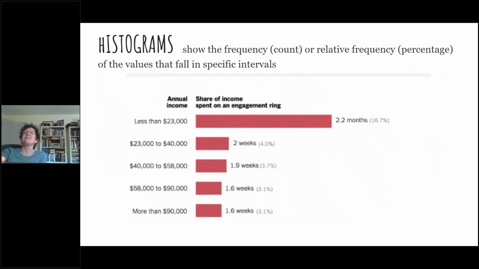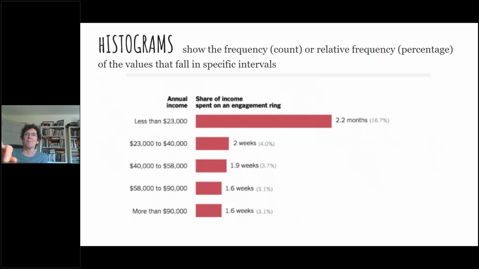So this category over here, the share of income, depends on how much income you make per year. So this share of your income changes depending on your annual income.